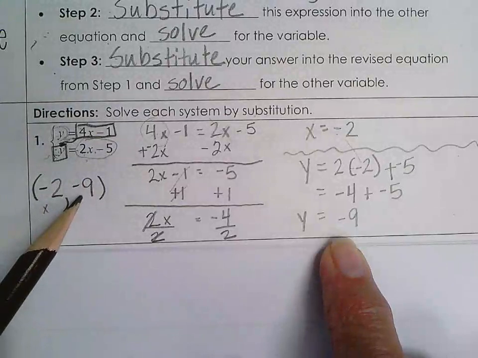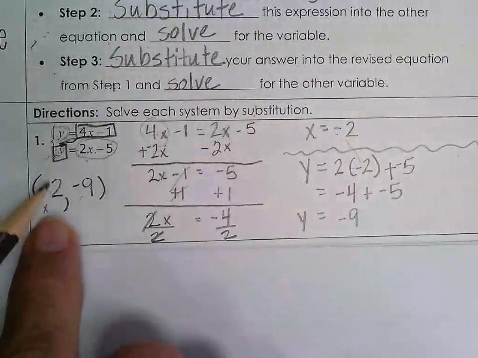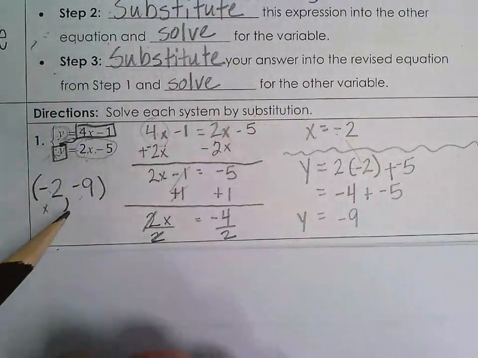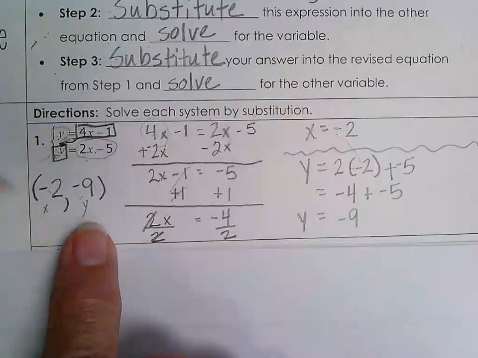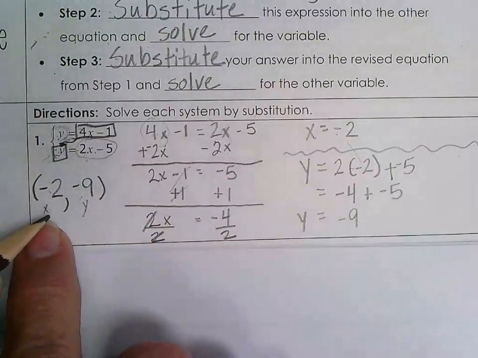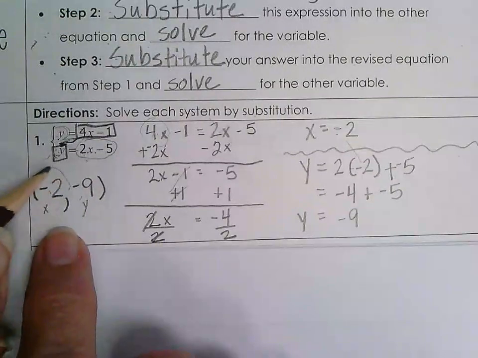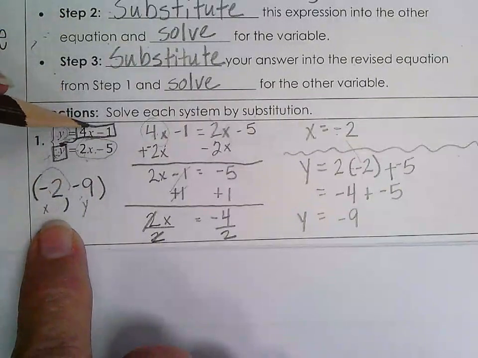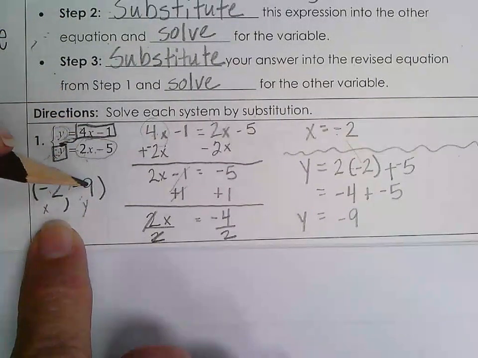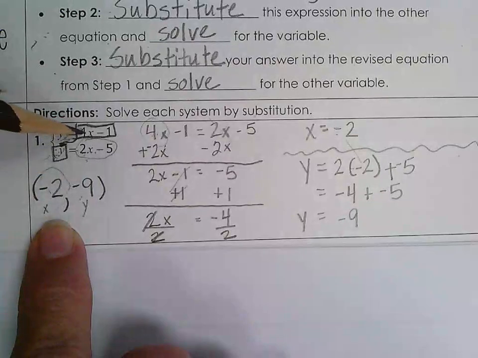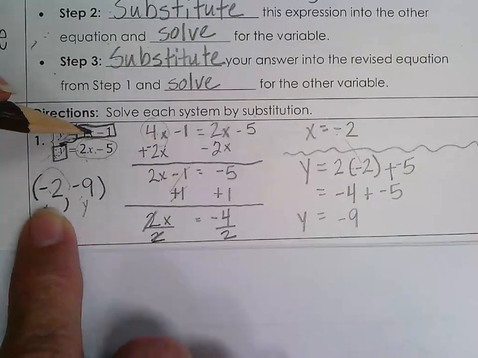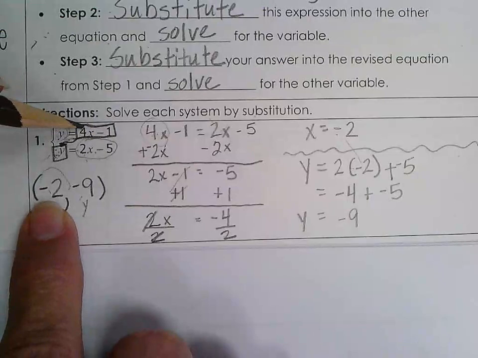Now, what I should do is plug these back in and see if I do get the correct answer. So I'm going to substitute -2 in to this equation and see if I get -9 for y. 4 times -2 would give me -8.